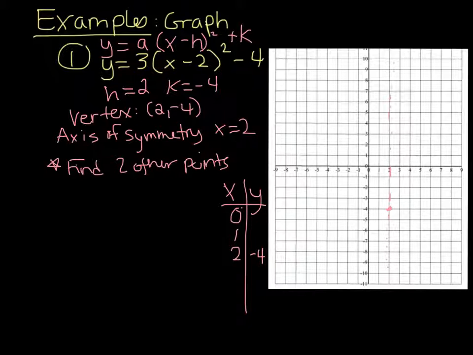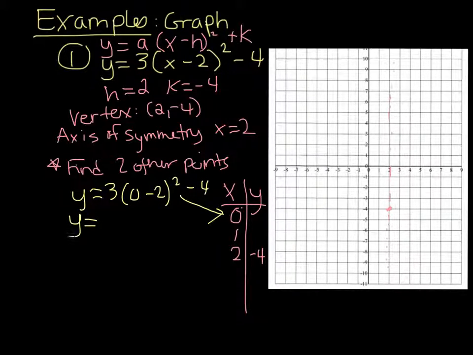So for x equals 0, you are going to substitute that into your original equation. And when you do that, make sure that you follow the order of operations. You get y equals 3 times (negative 2) squared minus 4.